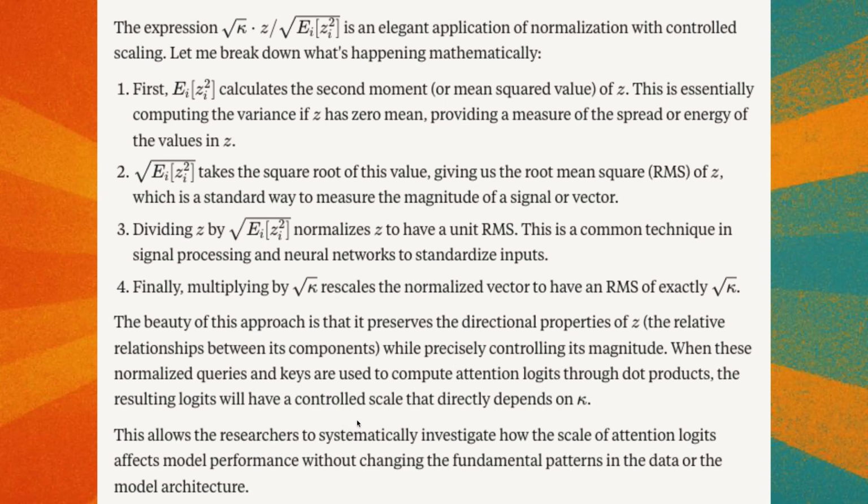This allows the researchers to systematically investigate how the scale of attention logits affects model performance without changing the fundamental patterns in the data or the model architecture. So you're still training on real data, with a real transformer architecture, still keeping the directional properties of these vectors, but now you're forcing and controlling its magnitude.